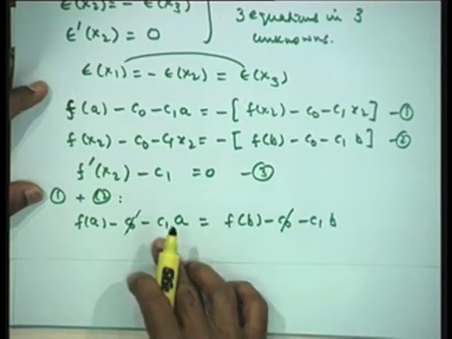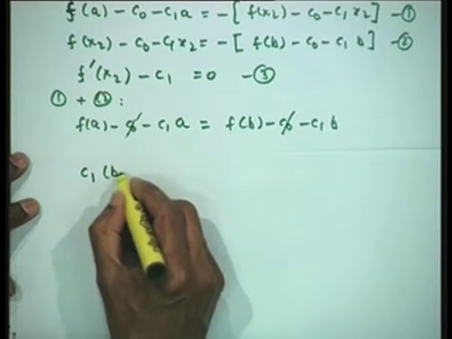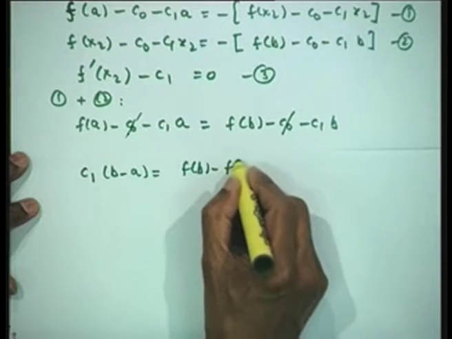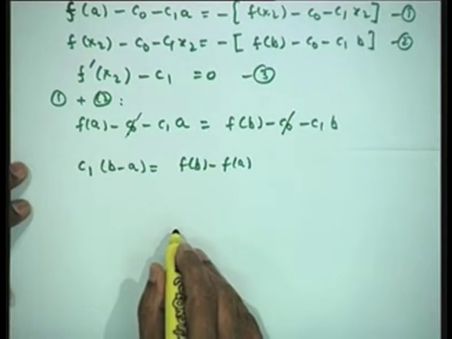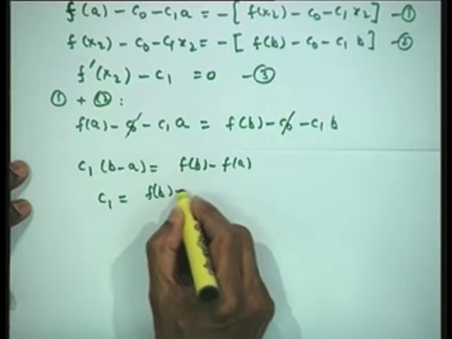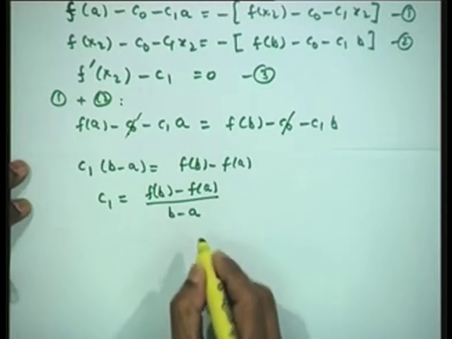So, I can bring this C 1 b to this side and then solve for C 1. Therefore, I can have C 1 of b minus a is f of b minus f of a. Therefore, the solution of C 1 is obtained: f of b minus f of a divided by b minus a.